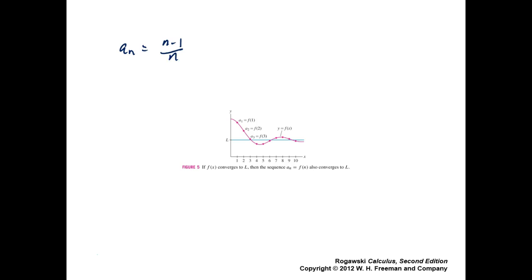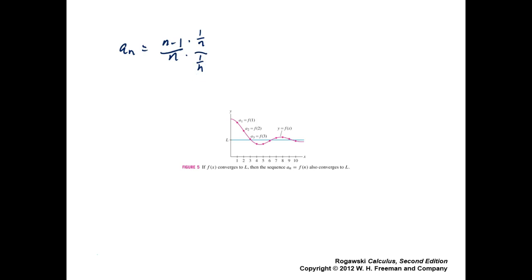Certainly n shouldn't start with 0, that's going to be undefined. But I've already told you a hint on what to do. What was that? Multiply numerator and denominator by 1 over n.